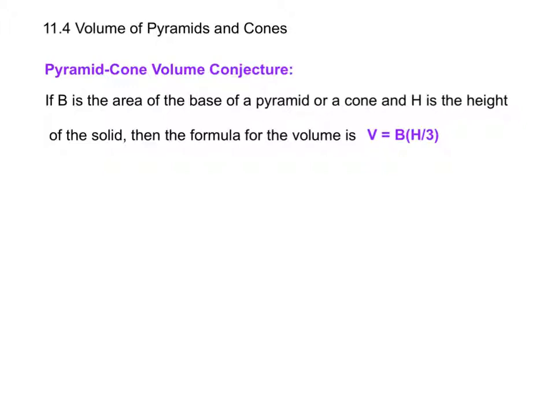So now we have the pyramid-cone volume conjecture. It's the same premise, but a little different. So if B is the area of the base of a pyramid or cone, and h is the height of the solid, then the formula for the volume is V equals B times h divided by 3.